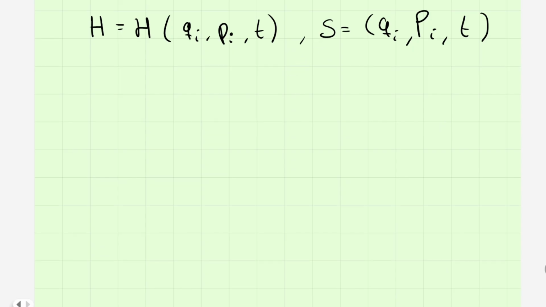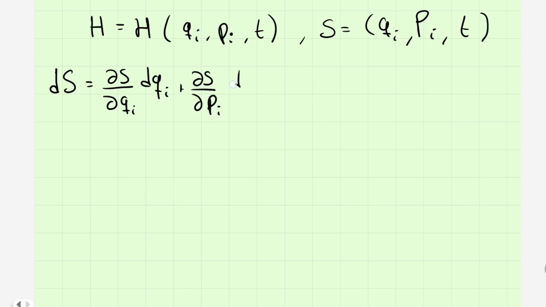In fact, if we calculate the total differential of S, we will get that dS is equal to the partial of S with respect to qi dqi plus the partial of S with respect to Pi dPi, and then plus the partial of S with respect to time times dt.